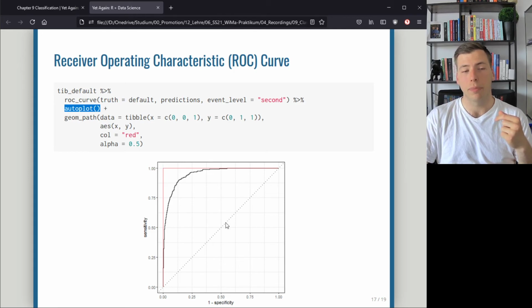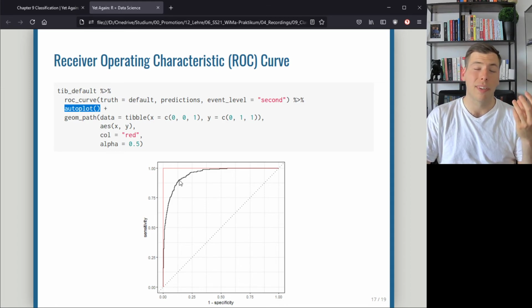And in our case, we could now try to find an optimal threshold relating to a point around here: the sensitivity and 1 minus specificity pair that lies as close as possible to 0, 1, that's the point here.